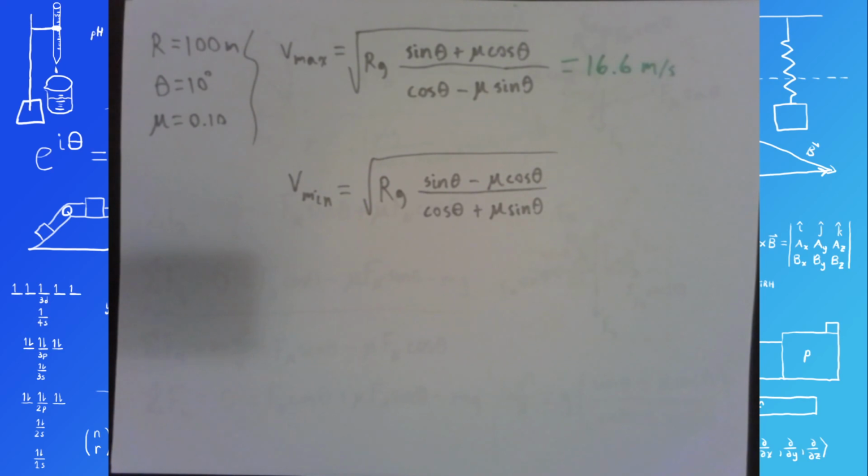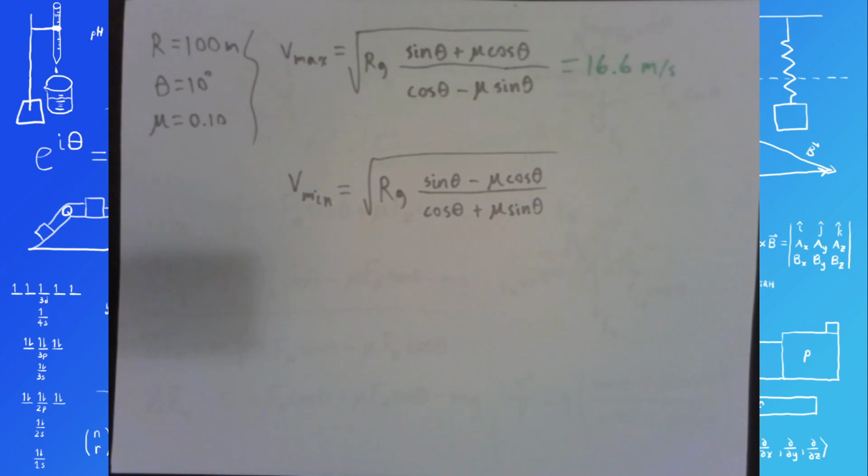Okay, what about V minimum? If you know how to use the copy feature of your calculator, you can just copy your previous input and edit. The only thing that needs to be changed is you need to edit the minus into a plus and the plus into a minus.